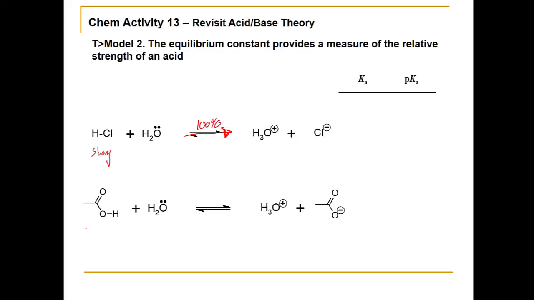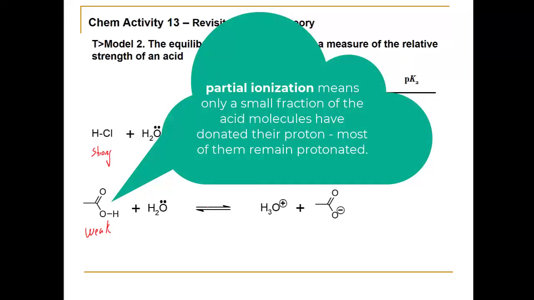You may recall that we labeled acetic acid as a weak acid, and this means that its reaction only occurs partially. There's a partial ionization, there's a partial donation of the proton, and often for this sort of weak acid involving a carboxylic acid, we say the reaction goes about 1%.